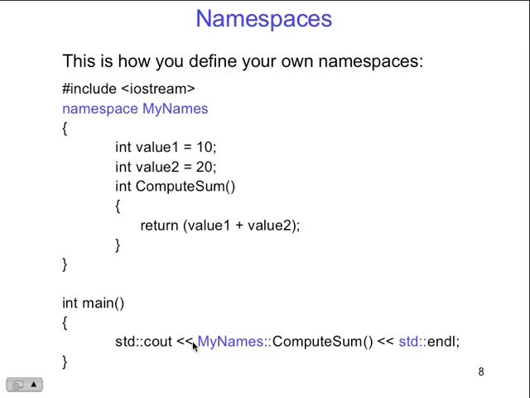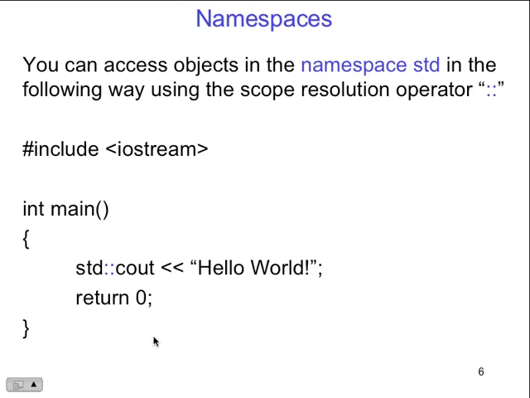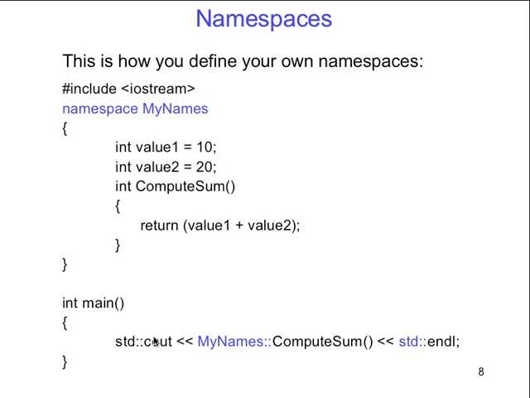It's kind of like creating a function and then calling the function, but here we're just saying inside of my names run computeSum. And then, from std, run the endl. So if you came in a little late, what we're looking at is instead of doing this without using the namespace with the scope resolution operator, we start using the scope resolution operator here because we're not using namespace anything.